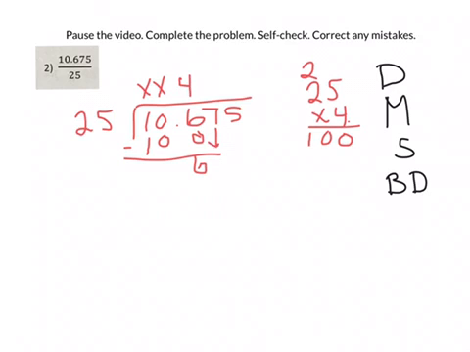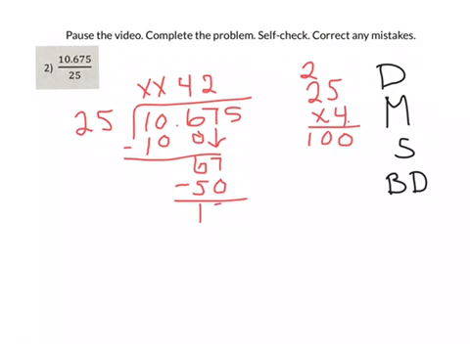Then you're going to bring down the 7. 25 goes into 67 2 times. Again, if you don't know 25 times 2, you're going to come on over to the side and do that. 25 times 2 is 50. So you did your multiplication.